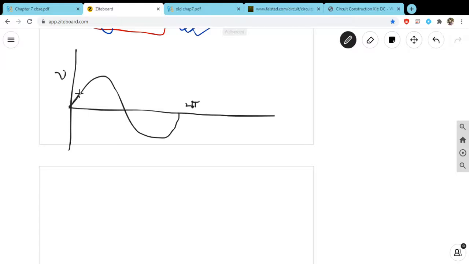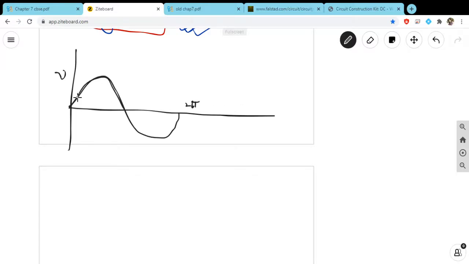It increases to its maximum value and then decreases to 0. Then voltage changes its polarity, increases to maximum value and then decreases to 0.